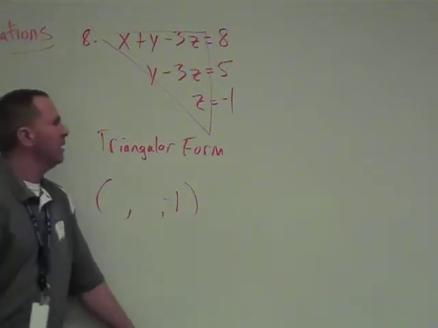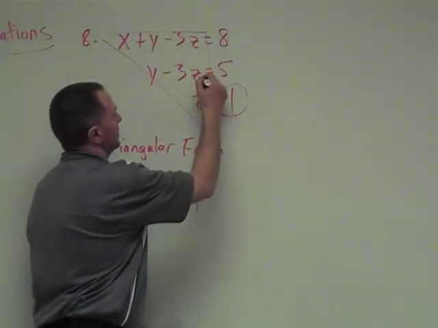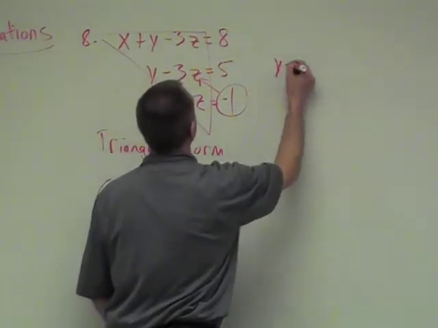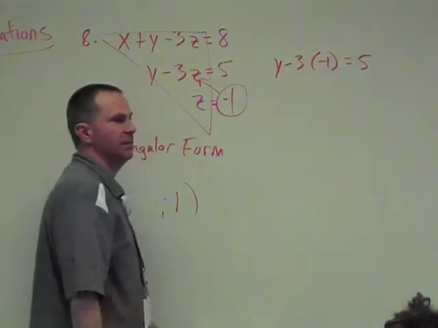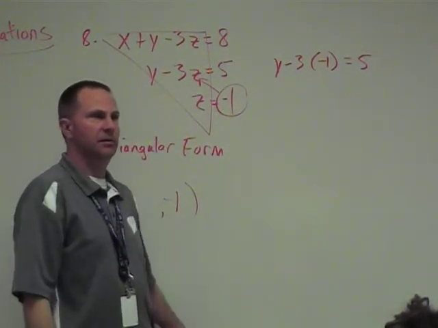So once you know z, you can plug this into the z in the next equation. So y minus 3 times z equals 5. Everybody solve that?